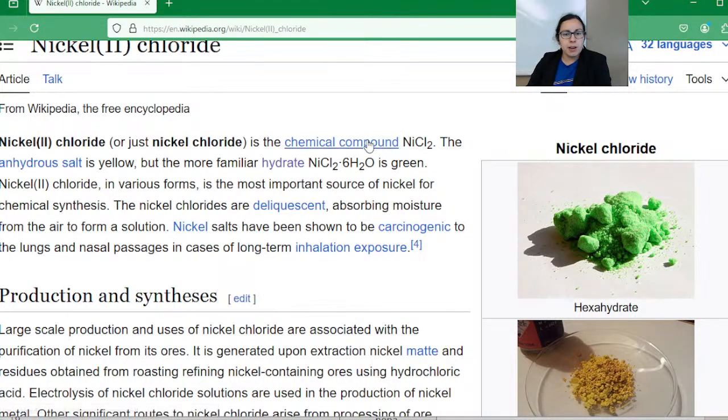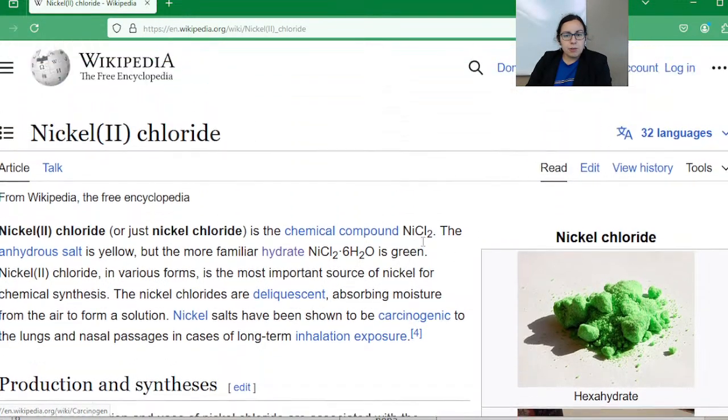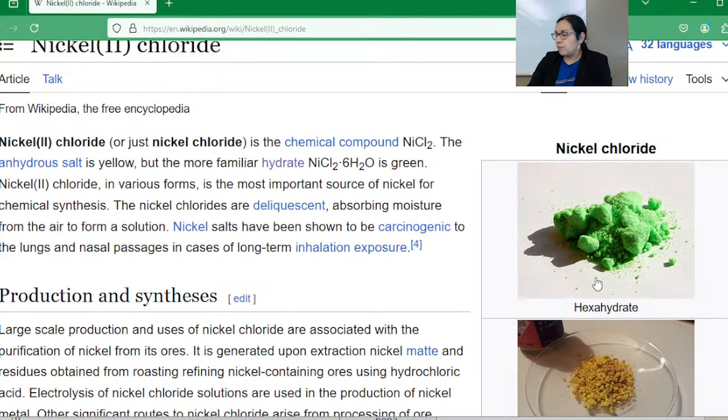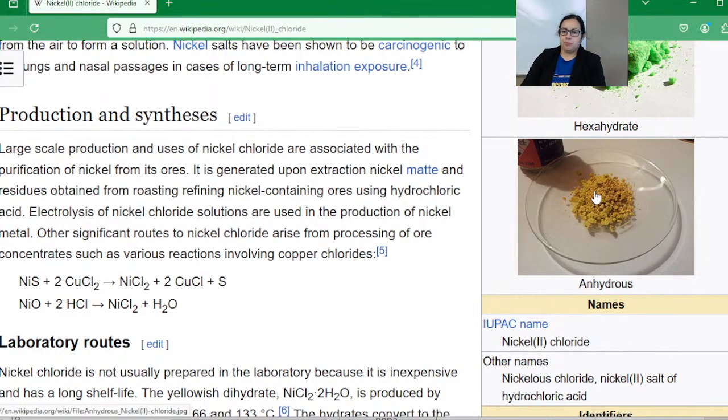If you play with nickel chloride in a Gen Chem or high school setting, you have nickel chloride hexahydrate, and it's generally green. But anhydrous nickel chloride is yellow. Well, you wouldn't know that unless you actually play with them.